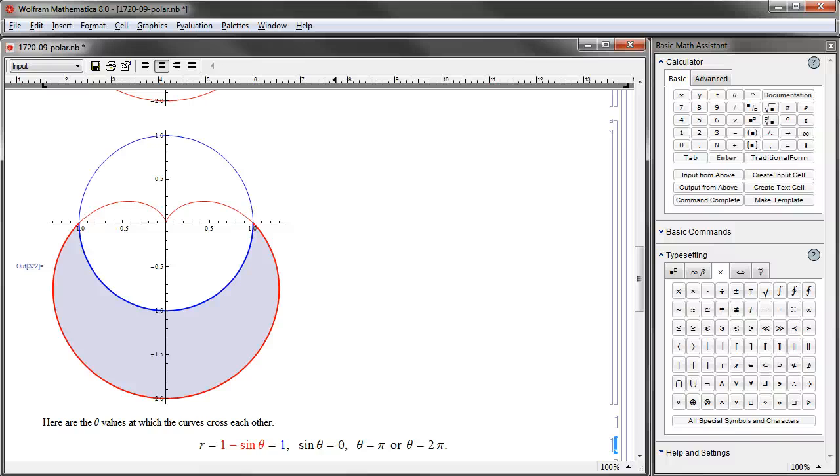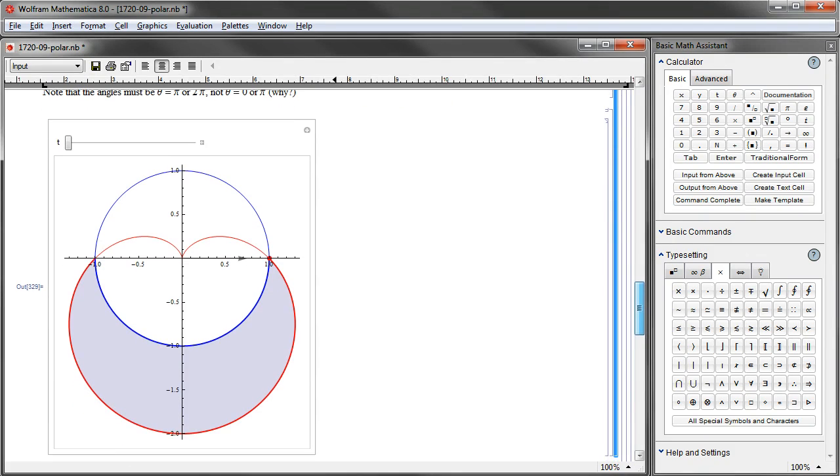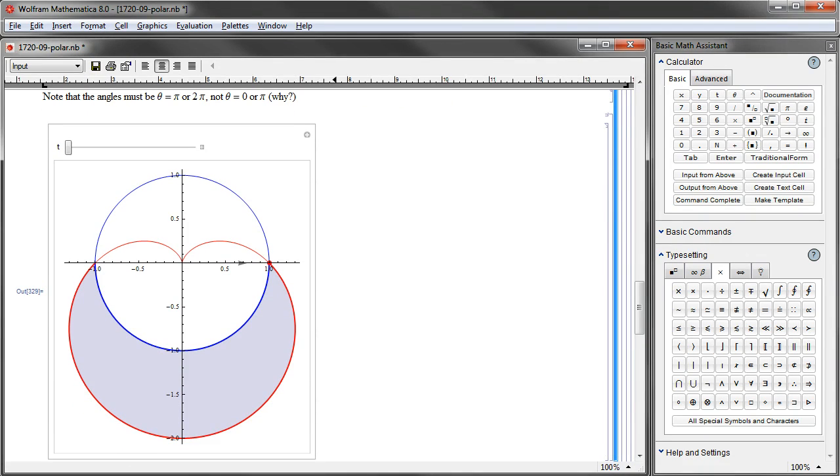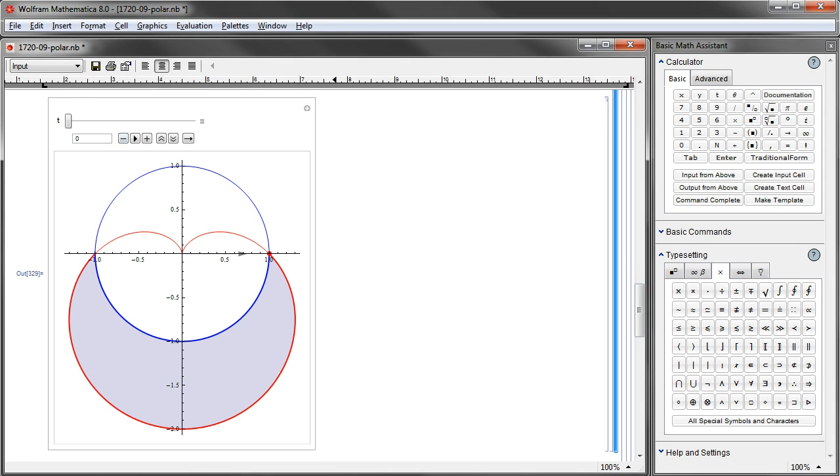Alright, I paused and typed in some program. Here's the animation that's going to show you that the proper crossing angles are pi and 2 pi, not 0 and pi. The red and blue dots represent moving particle models for the cardioid, the red curve, and the circle, the blue curve.